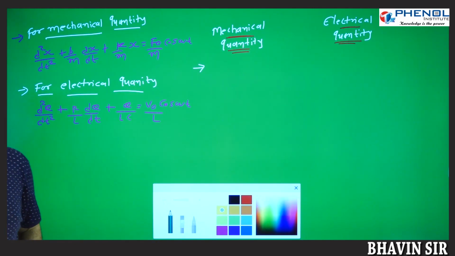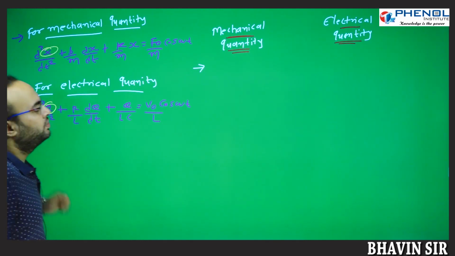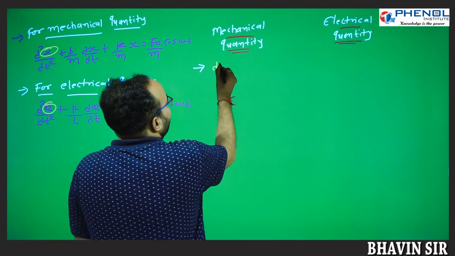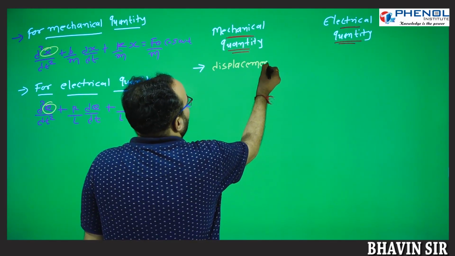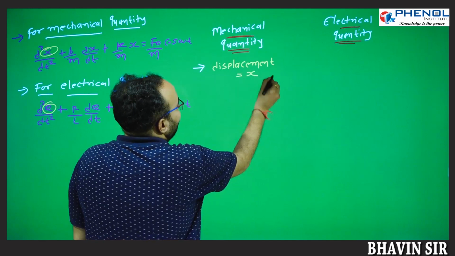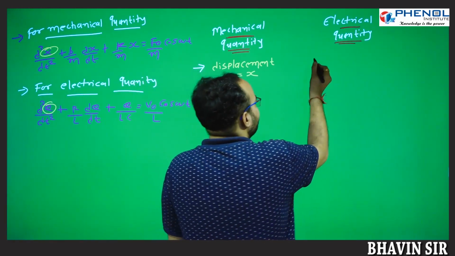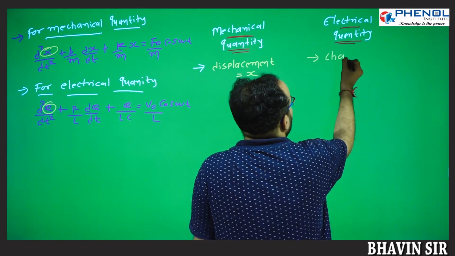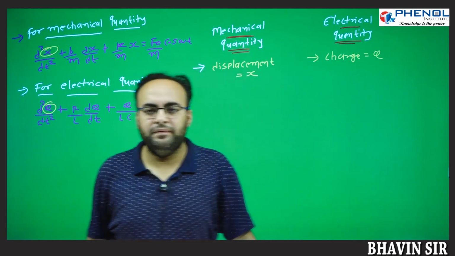Now we compare both quantities, mechanical and electrical. First it is x, and here q. So here displacement x, and here charge q.